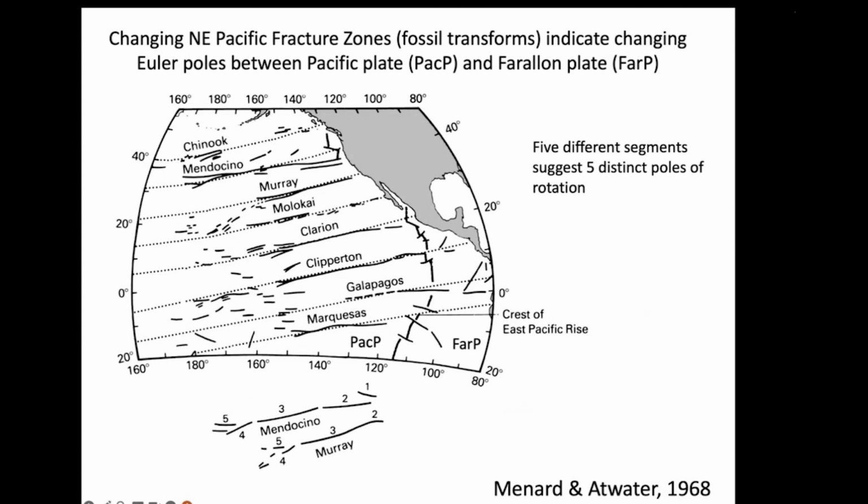And that's what Menard and Atwater did in their study of the Northeast Pacific fracture zones. They found evidence of changing Euler poles between the Pacific plate and the Farallon plate, which no longer exists off of California, but is still, we call that the Cocos plate now, or the Rivera plate up here, or the Juan de Fuca plate up here.